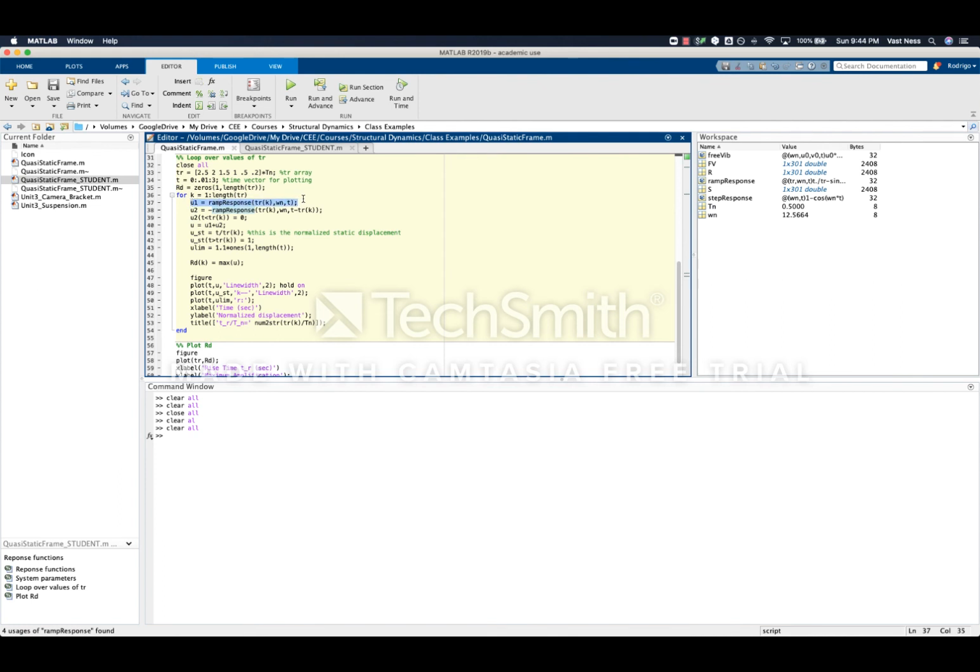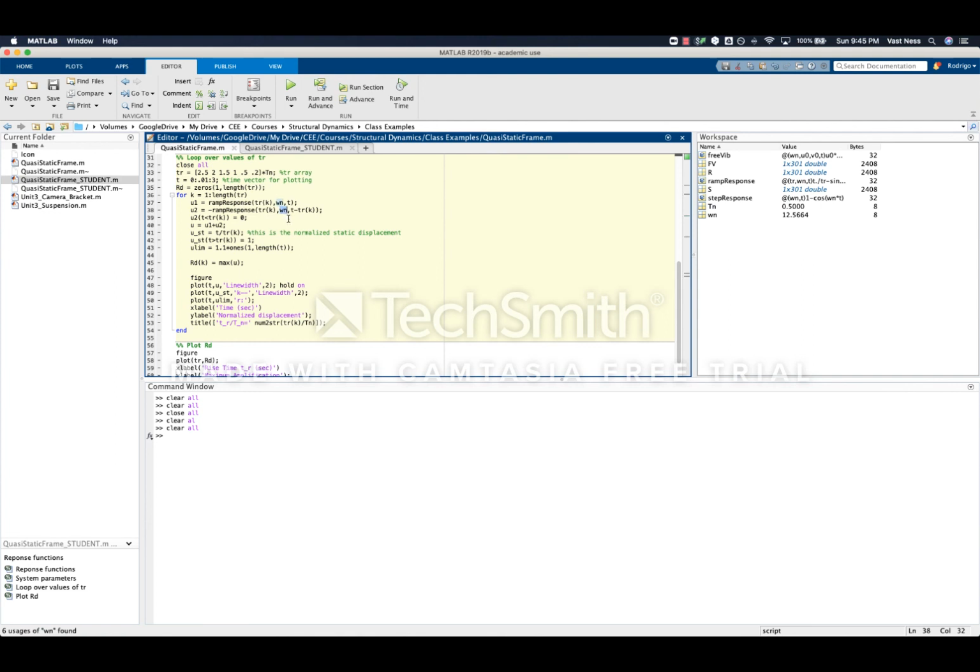Now here's the key part here. I've defined first of all a positive ramp U1, which is simply my ramp response with the corresponding slope, TR, and the natural frequency of the system, and the time vector, which is just going to be unmodified here. And then my second ramp is my time shifted negative ramp. So all I do is I negate the ramp response, my slope, TR, and my natural frequency stay the same, right?